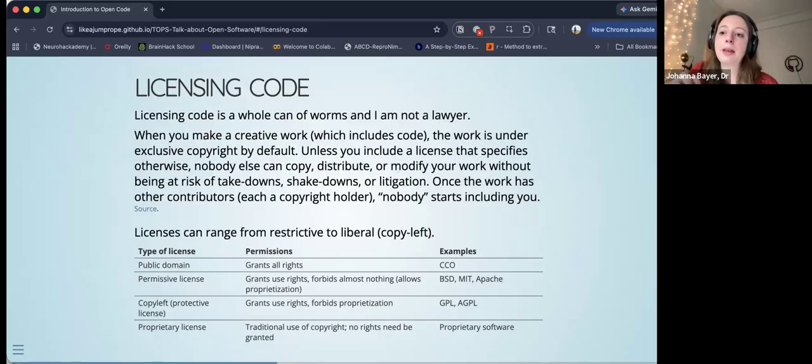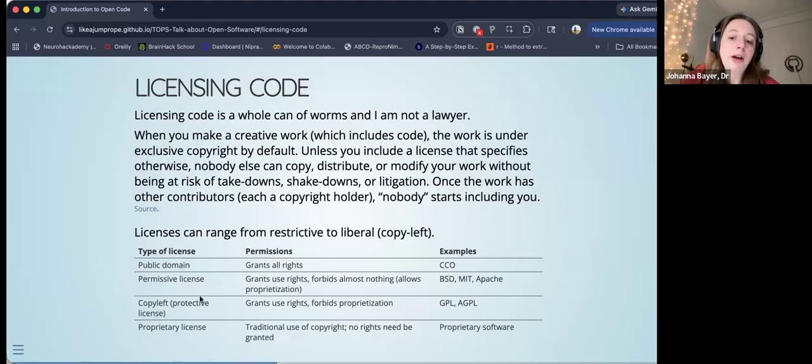So if you have a GitHub repository and you put out code and someone else contributes, then the contribution this person made belongs to them if there's no license. And that can lead to the case that even if it's your repository, you cannot make changes to it anymore unless you ask that person. So it's better to have a license that in general regulates who can contribute to your code. Then you don't run into this situation, but you can literally lock yourself almost out if you don't have a license.